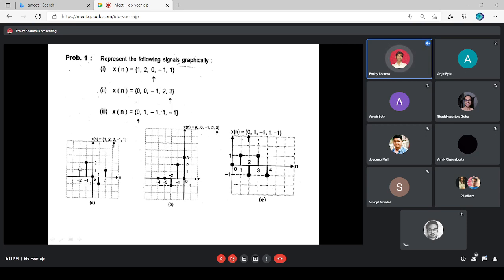For -2, amplitude is 1, for -1 amplitude is 2, for 0 amplitude is 0, for 1 amplitude is -1, for n equal to 2 amplitude is 1. This way these two signals are also represented in the graphical way.